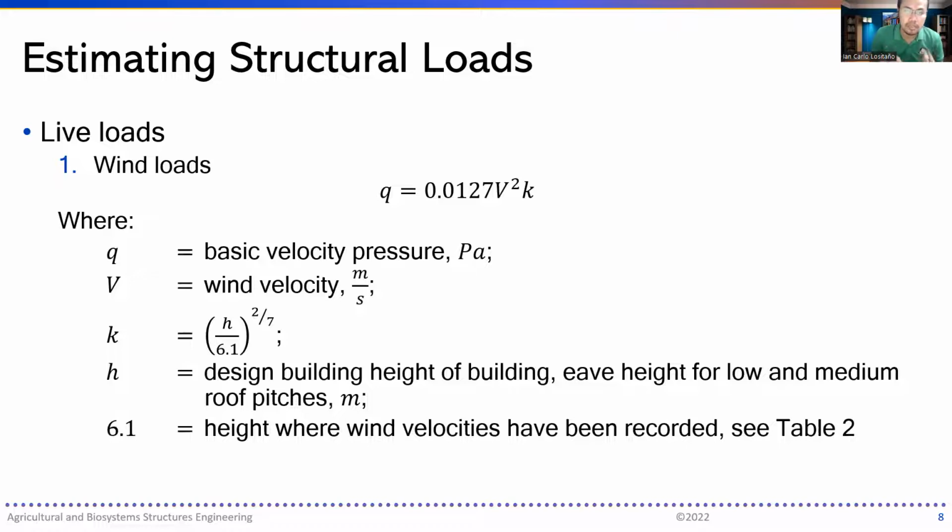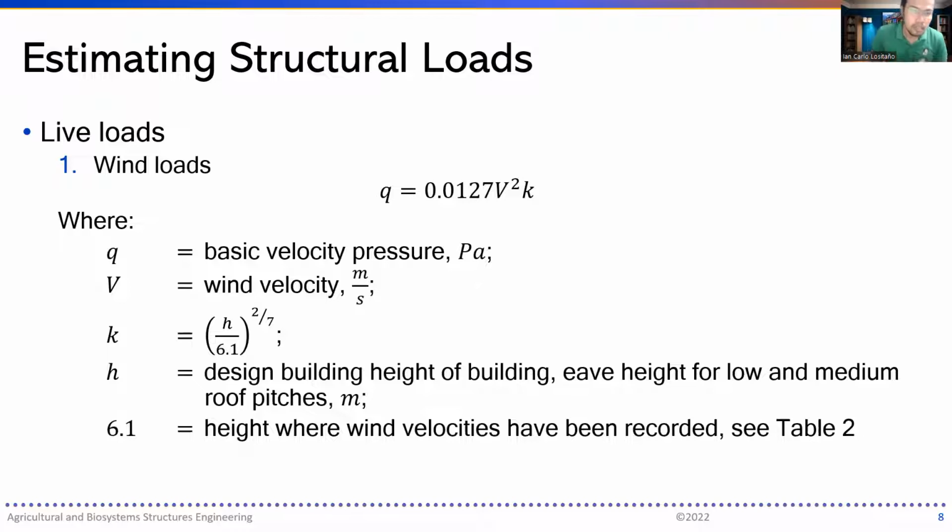So that's a difference between derived equations and empirical equations. You have your Q, the basic velocity pressure in Pascals. Later we'll see the demonstration for this one. You have your V, the wind velocity in meters per second, and your K factor, which is the quantity H over 6.1 raised to the fraction 2 over 7.